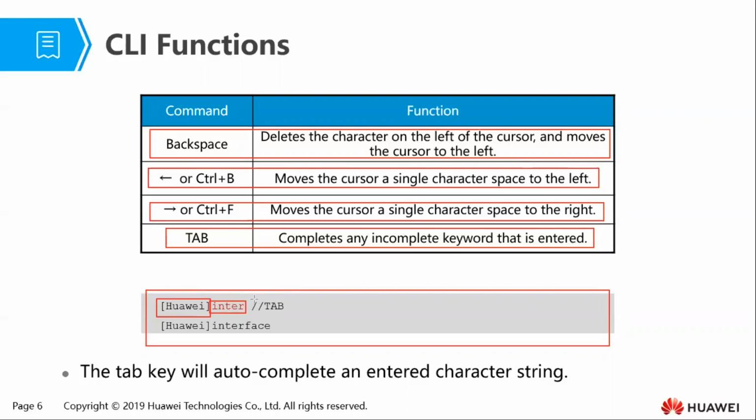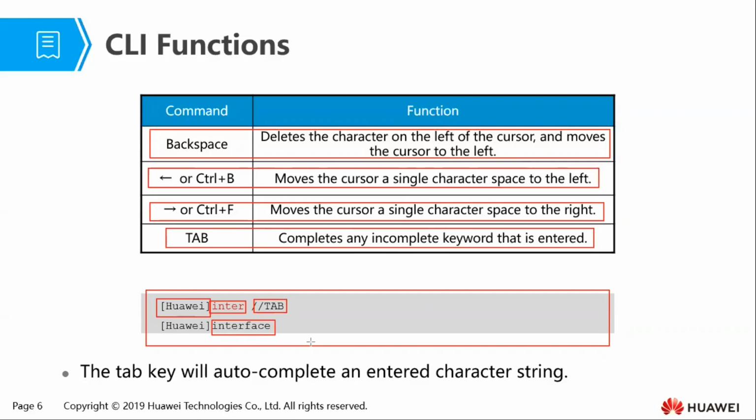So when we press tab, because that word is unique within that particular view, it's gonna autocomplete that word to the full keyword, which is interface.